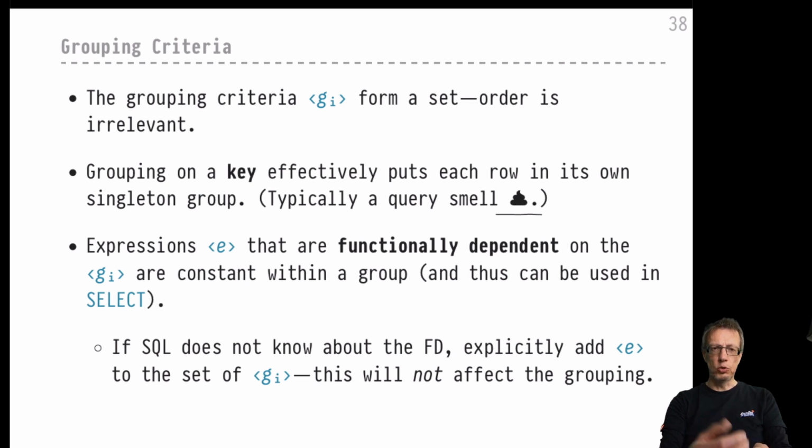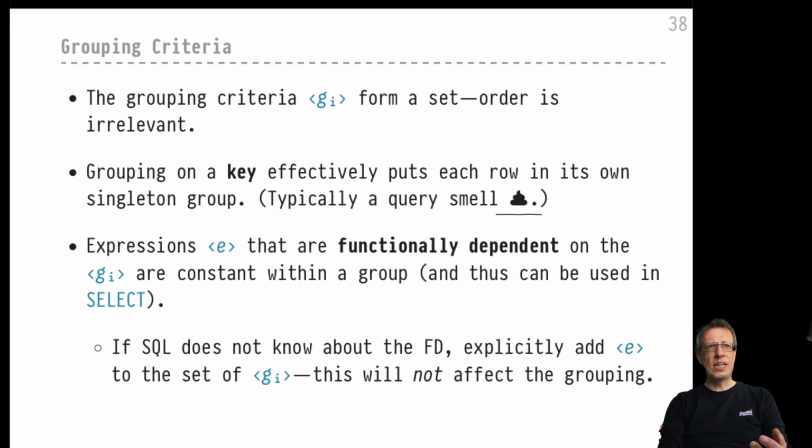So inside a group, the grouping criterion is constant. So any expression that is functionally dependent on such a constant value will also be a constant inside that group and could thus be used without problems in a select clause, even without aggregates.